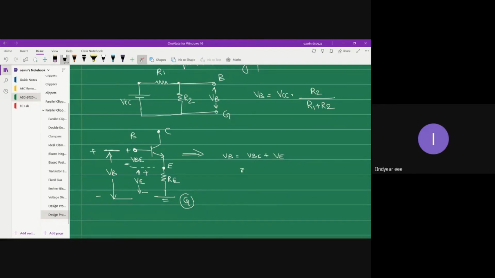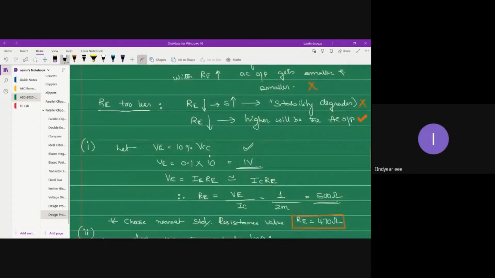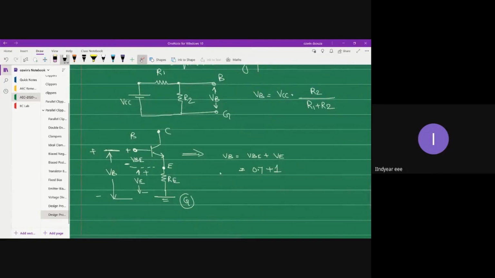Base to emitter is 0.7 volts, and we have assumed VE as 10% of VCC. And how much did we get? VE as 1 volt. So your base to ground voltage is 1.7 volts. So that's VB.